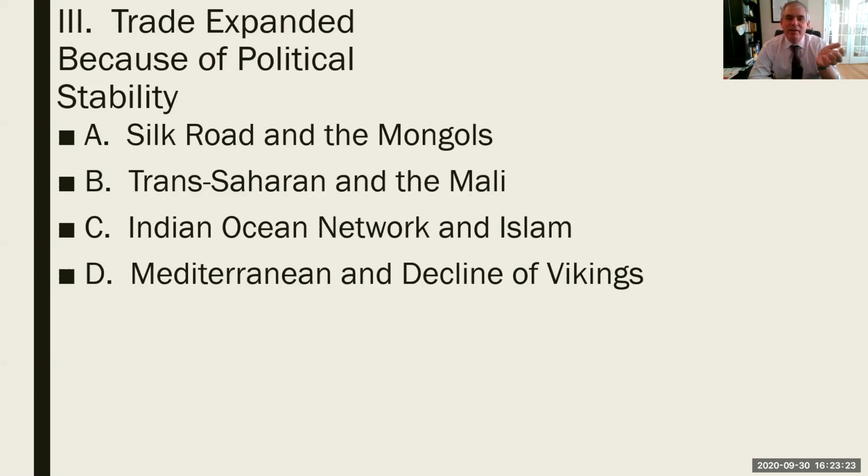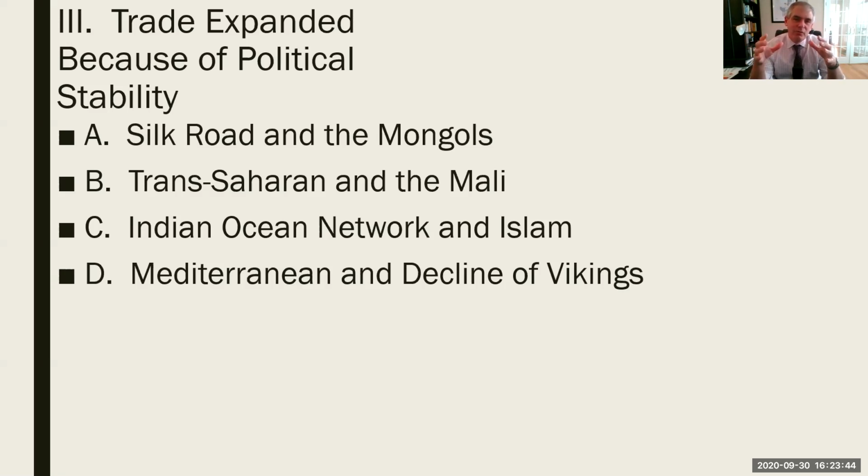In the Trans-Saharan trade network, it's the Mali Empire that provides stability and order through this network of trade. For the Indian Ocean, it's the religion of Islam that creates that security and order. Because when you think about the Indian Ocean, you think about how I mentioned so many different regions.